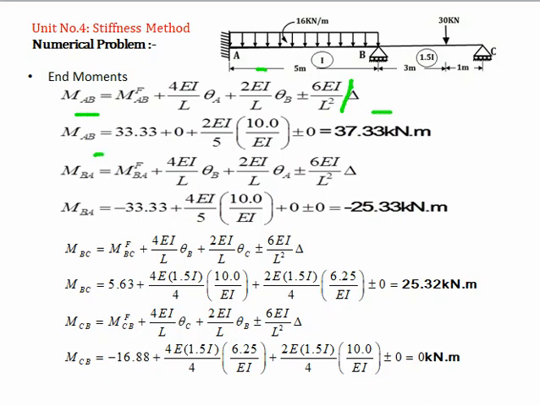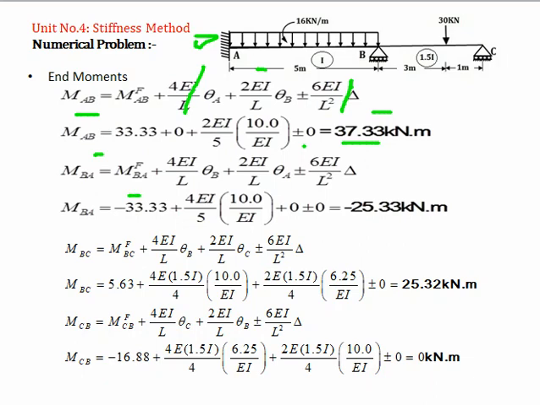So MAB is equal to MFAB, 33.33. Now no rotation, theta A will be 0 because of the fixed end. So plus 2 EI by 5, theta B is 10 by EI, plus minus 0. So we will get end moment 37.33 kilonewton meter.